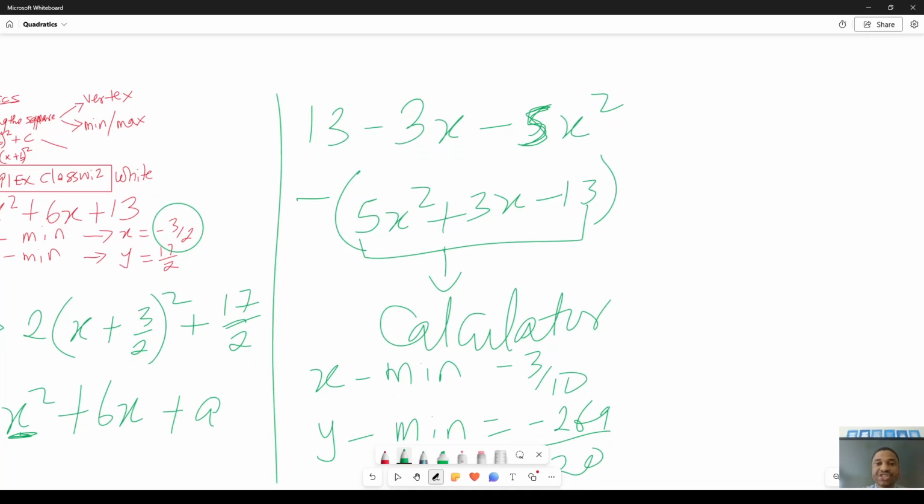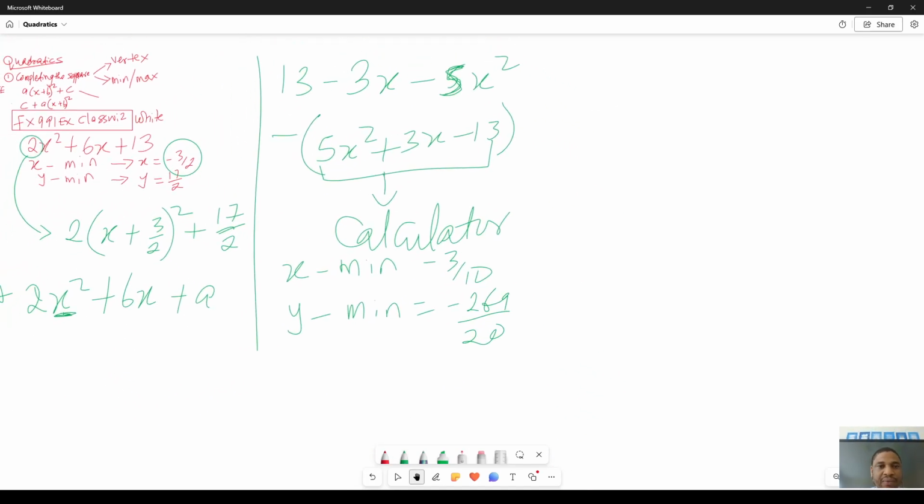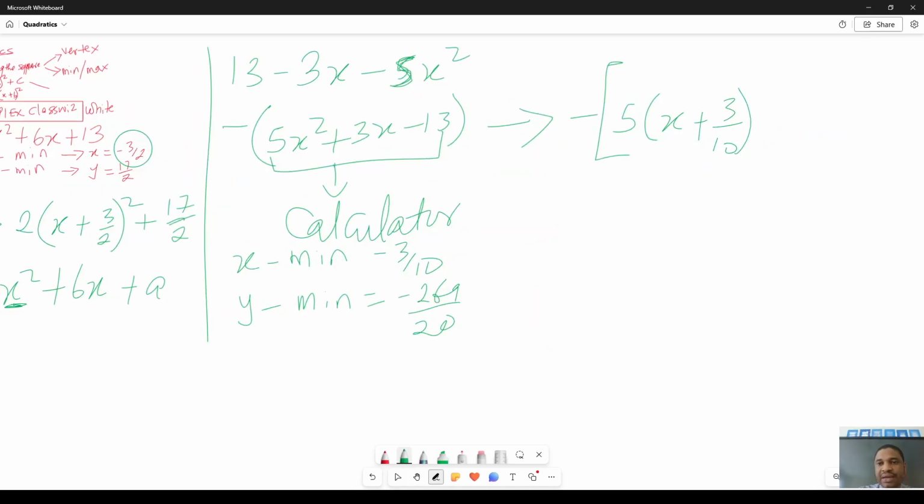Now, how do I change this to completing the square? Remember, I'm only working with what is in the bracket for now. So, 5 bracket x plus, you change the sign of this, 3 by 10, then minus, that remains the same, 269 over 20.